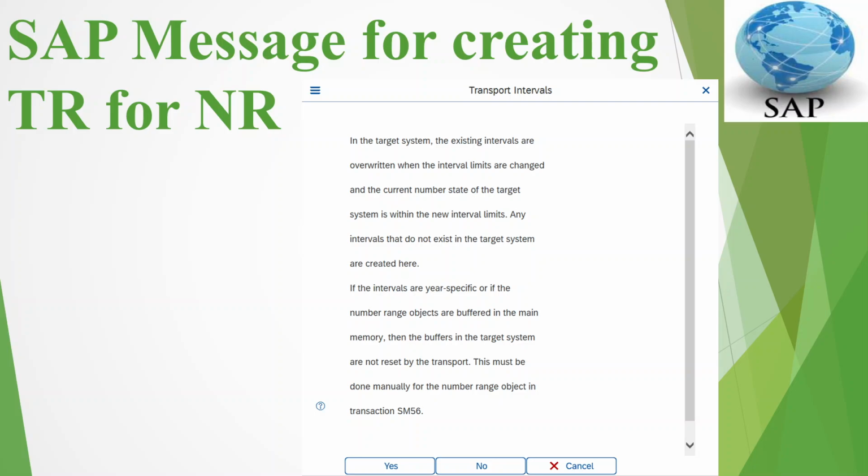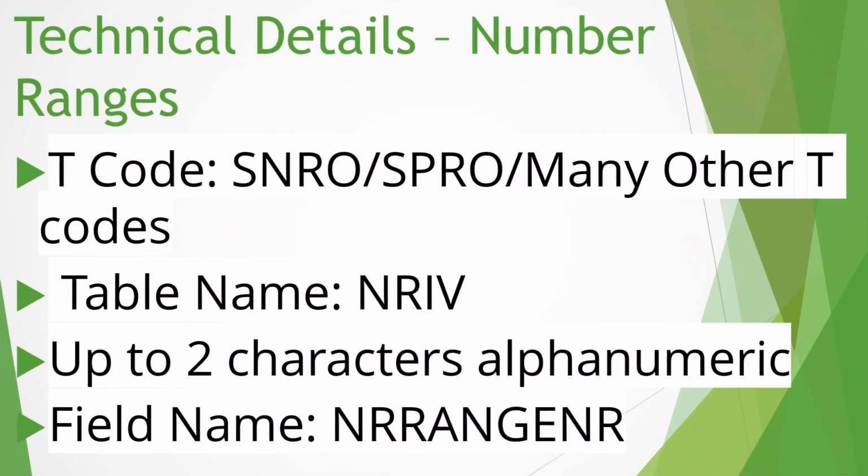But the actual number ranges are always maintained in the system independently in most of the cases. This is how it happens. Let's move further. This is again very important.